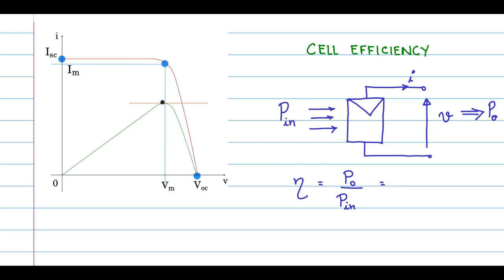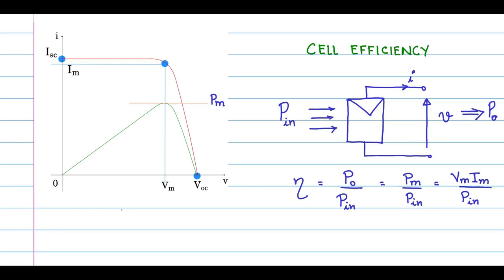This is the peak power, which we will call PM. This is the output of the PV cell by P in, and we know that PM is nothing but VM IM by P in.